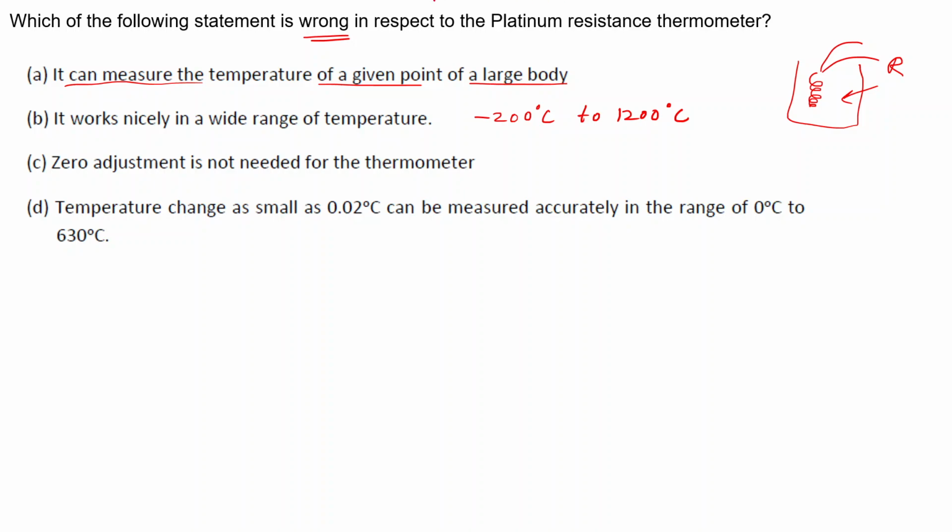So determining the temperature of a particular point of a large body is not possible, because the coil is not very small, it is significant. So this is the wrong statement about PRT.